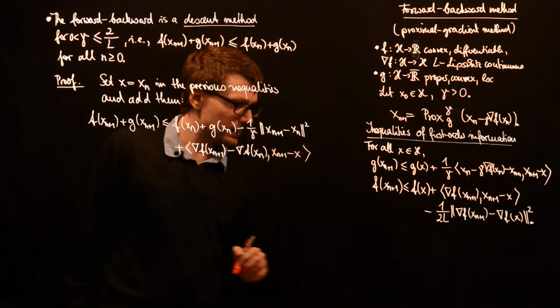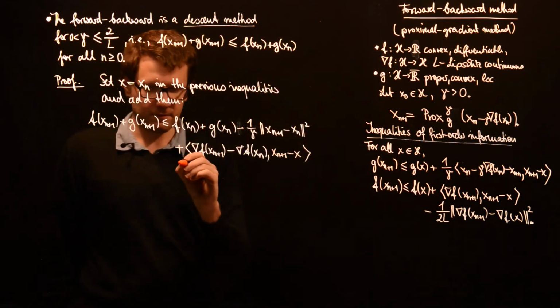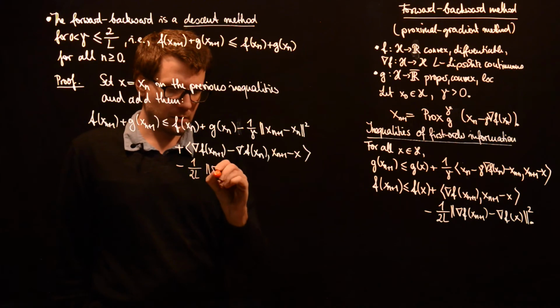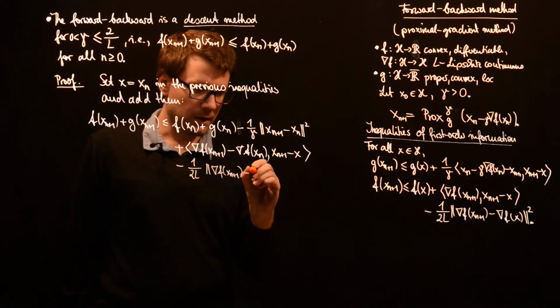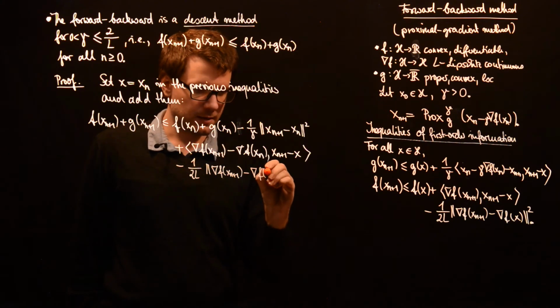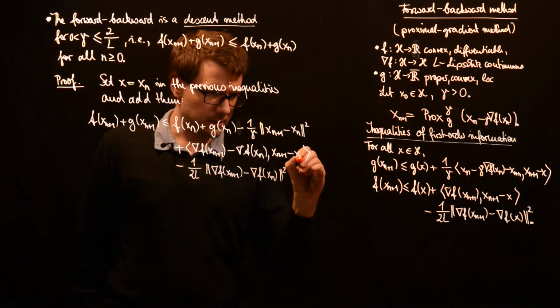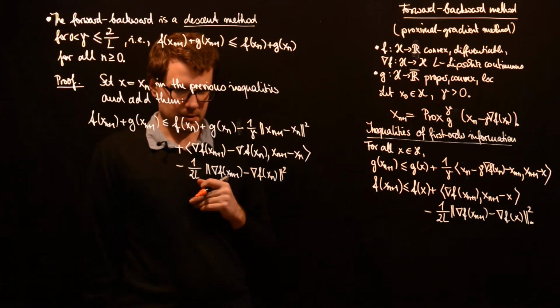Okay. So we have all these expressions here, and then we have to subtract 1 over 2L times the norm of gradient f at xn plus 1 minus gradient f at xn squared. Okay, and I see that I forgot to replace x by xn here, but that's easily corrected.